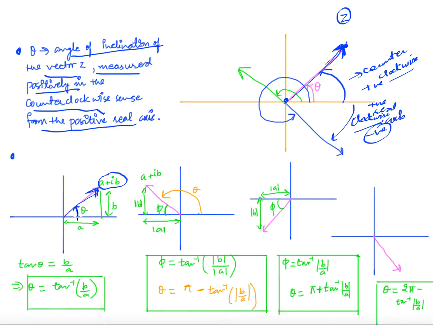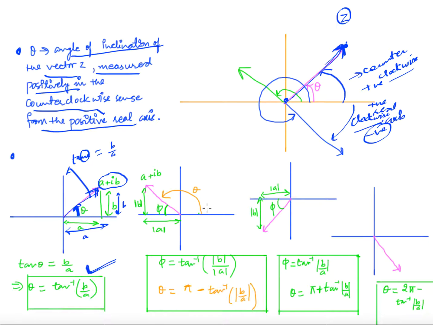You have this length as a and this length as b, because a and b are both positive in the first quadrant. So tan theta will be equal to b upon a. So your theta will be tan inverse of b upon a when you are in the first quadrant and you want your angle to be positive.